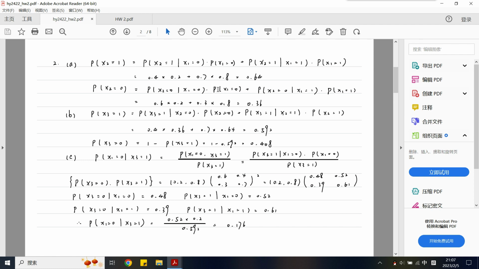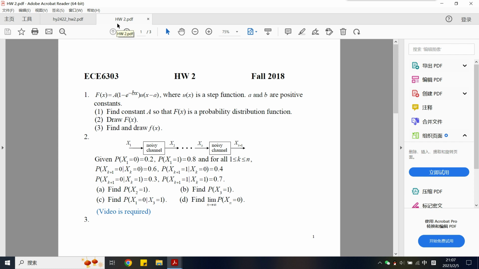It also consists of two parts, the probability when x1 is 0 and the probability when x1 is 1, to calculate the probability that x2 is 0, and the final answer is 0.36.